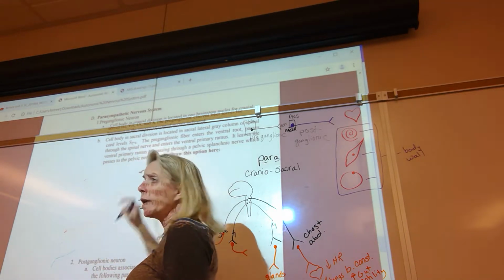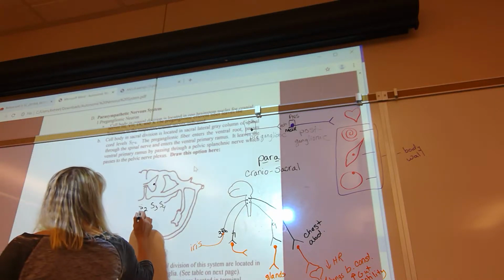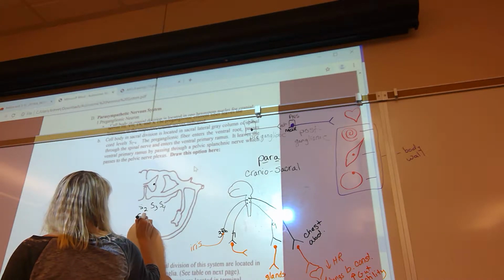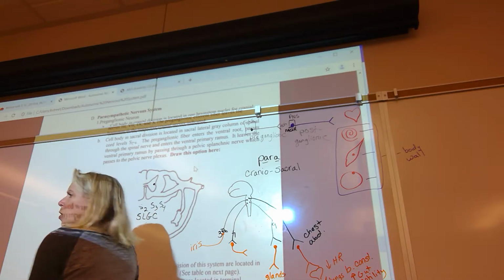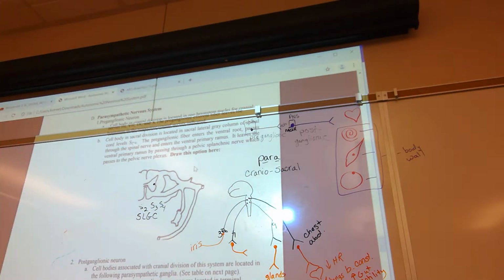In a lateral gray horn, but remember we have lateral gray horn somewhere else. So an anatomist says, which lateral gray horn? Maybe we should give them specific names. This one is called the sacral lateral gray column, or SLGC. What was it called for the lateral gray horn at levels T1 through L2? What was it called?